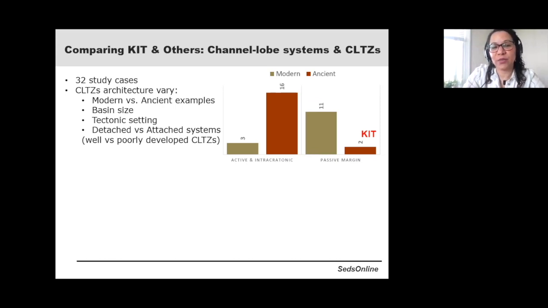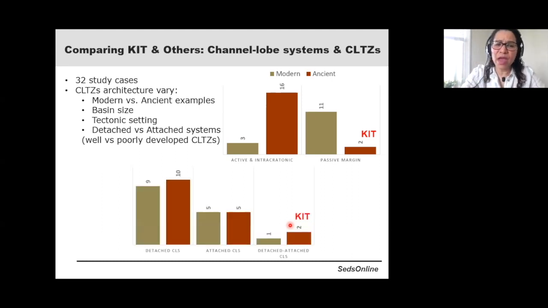Last but not least, we were also looking at, okay, I showed you an example where we believe we have a detached and attached system. How do people see that in the literature? Some of the things that we recognize is that commonly most of what has been reported are always detached channel-lobe systems.